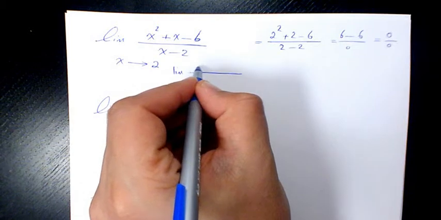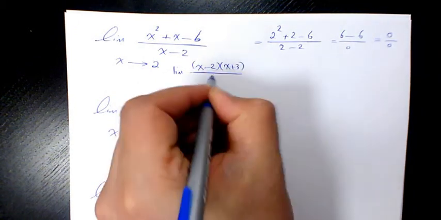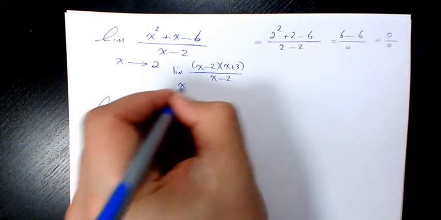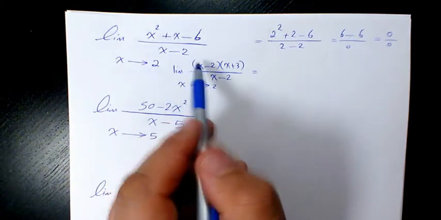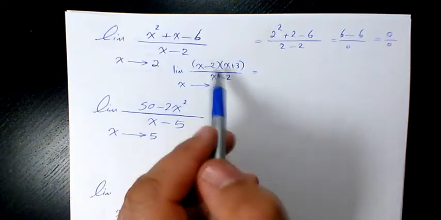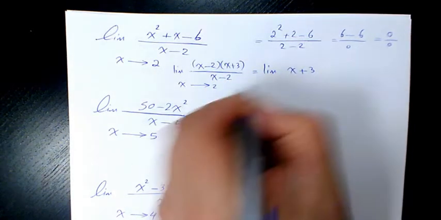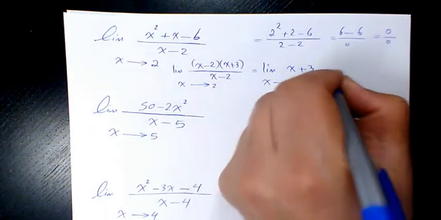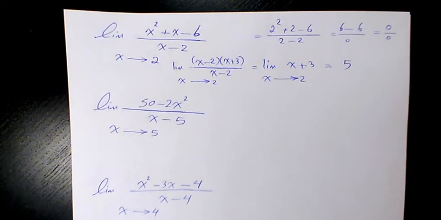That's going to be x minus 2 times x plus 3 over x minus 2 when x approaches 2. You reduce it by cancelling x minus 2 from the numerator and denominator. So we have limit of x plus 3 when x approaches 2. When you evaluate it, it's 2 plus 3, which is equal to 5.